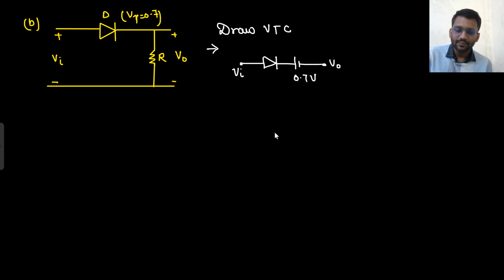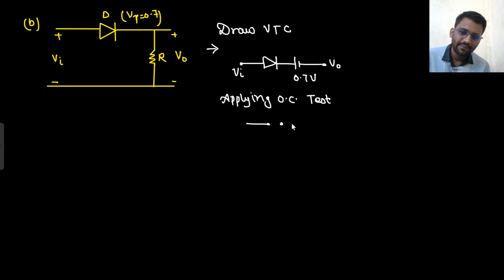So first we will apply the open circuit test. If we apply the open circuit test, this resistance will have 0 voltage drop, so this will be 0 volt, and this is 0.7, and this is V in.